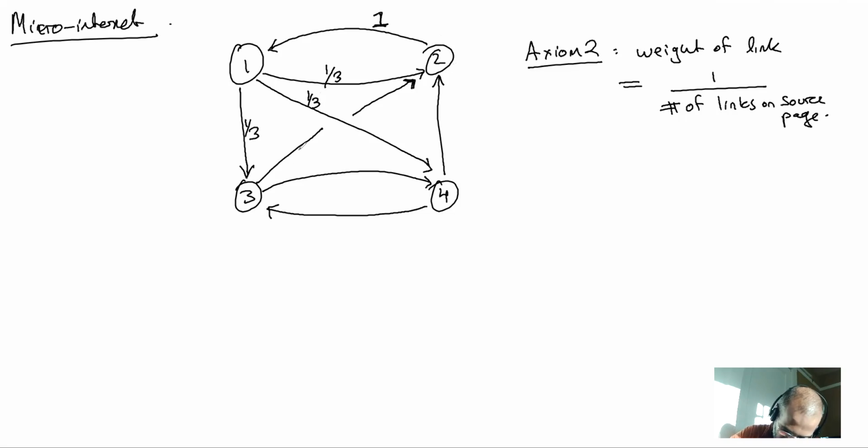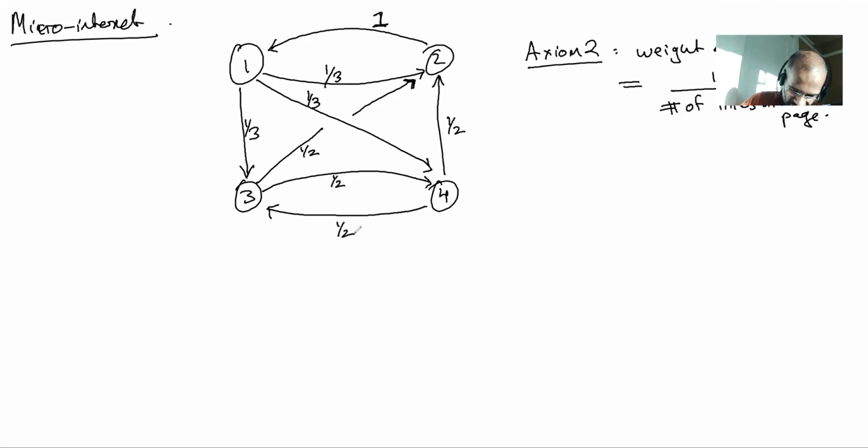The third one has 2 links, so they both get a half. The fourth one also has 2, so they both get a half. Okay, so these are 2 simple rules. Now let's see if we can calculate the importance using this. Let's define an importance vector, x1 through x4.